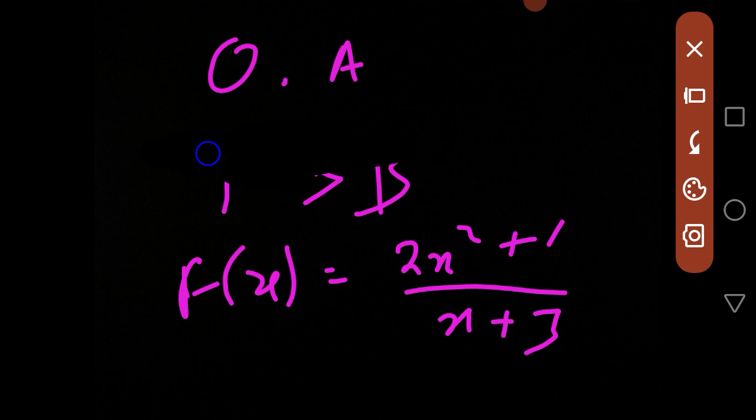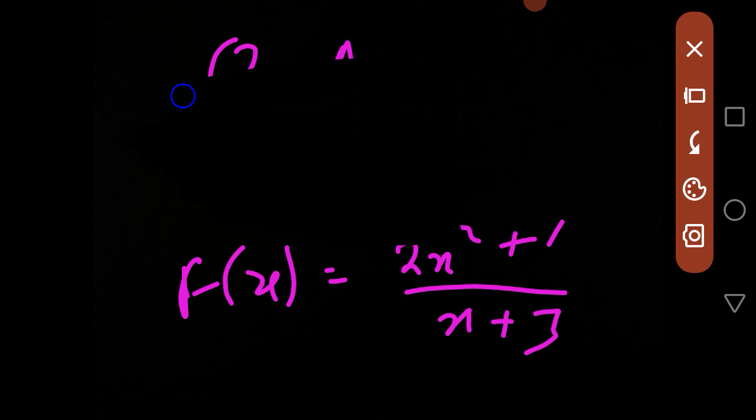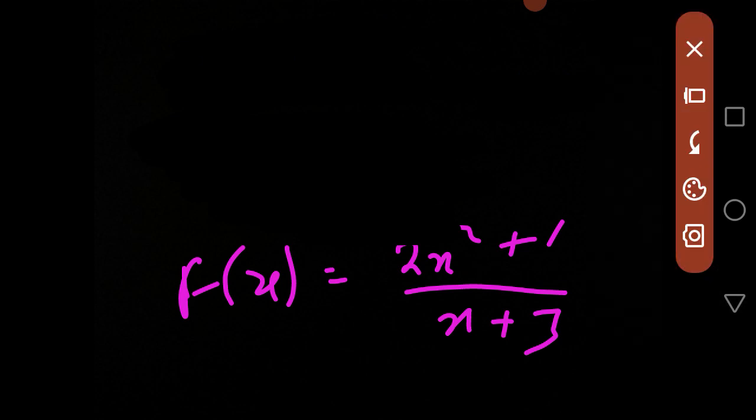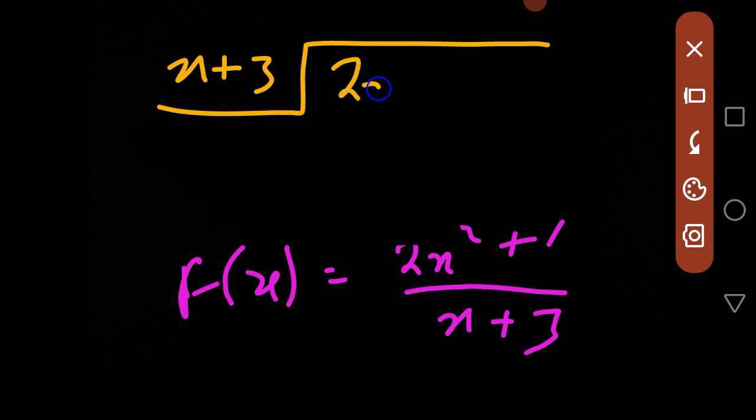The long division method, where you're going to find your quotient and your remainder, and your quotient will be your oblique asymptote. For example, taking this same thing that I've scribbled up here, expressing this under long division form, would say x plus 3, and then root of 2x squared.